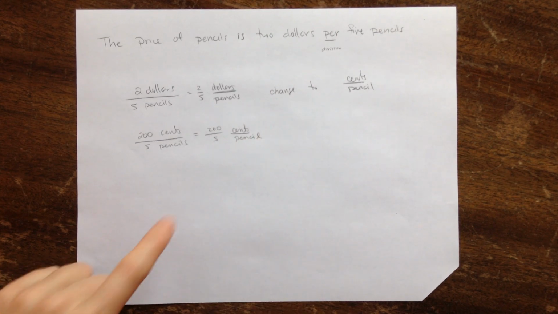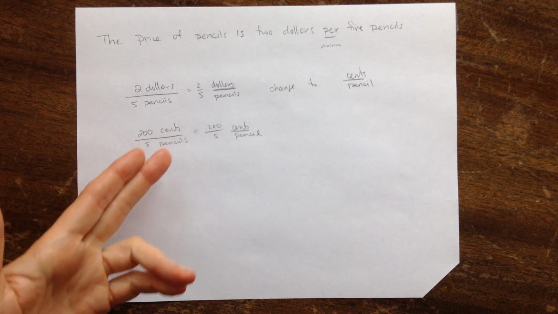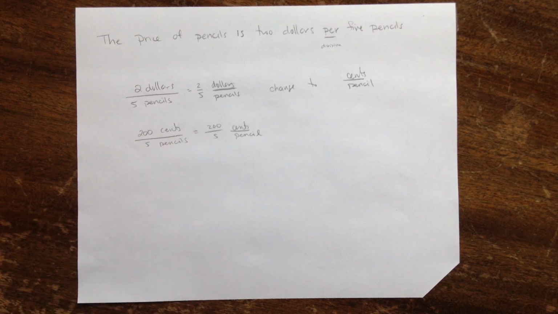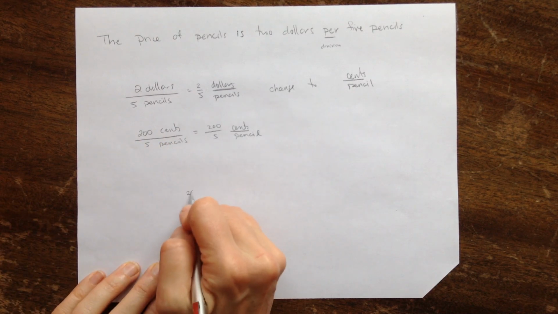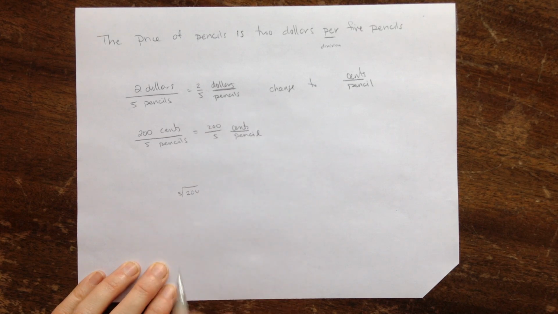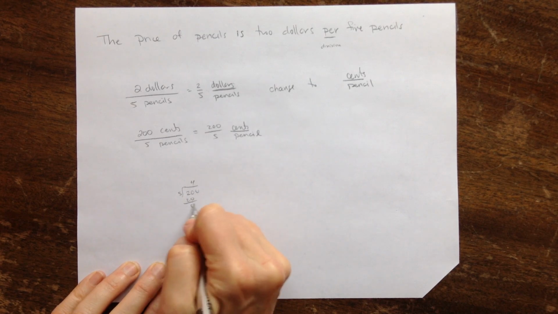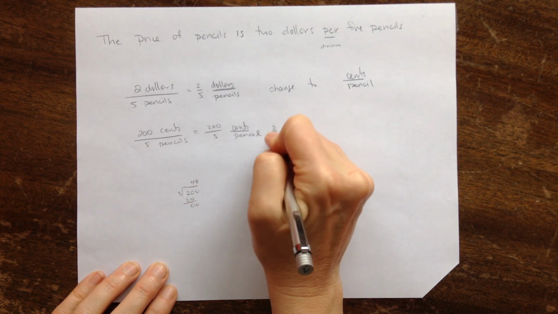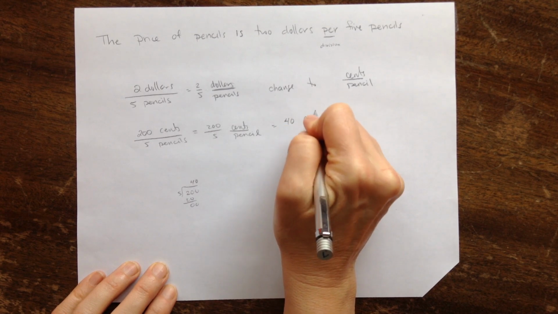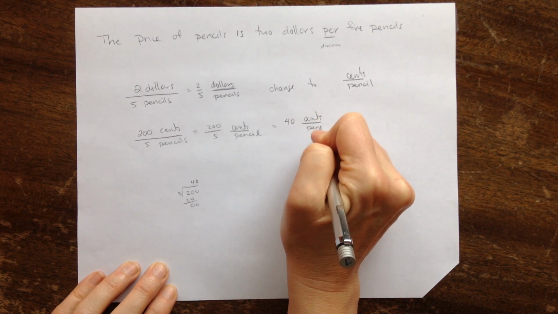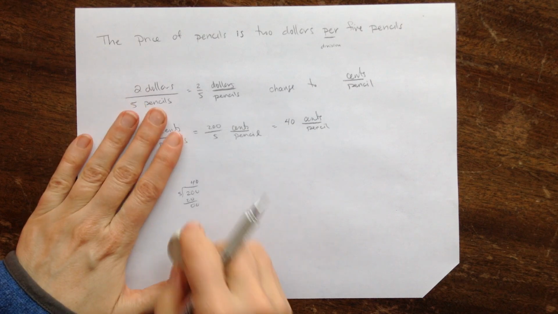And then you can actually perform this division however you would do it. You can do long division. I don't know if they even teach long division anymore. And so you'd get 4, and that would be 20, and 0, 0 is 40, and so you'd get 40 cents per pencil.